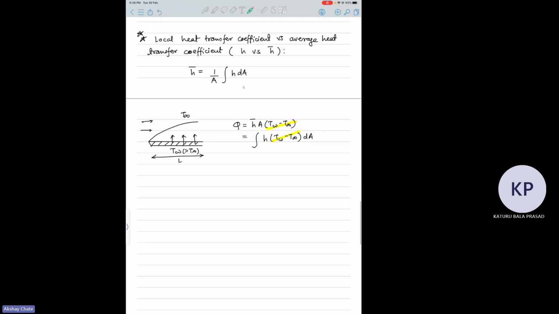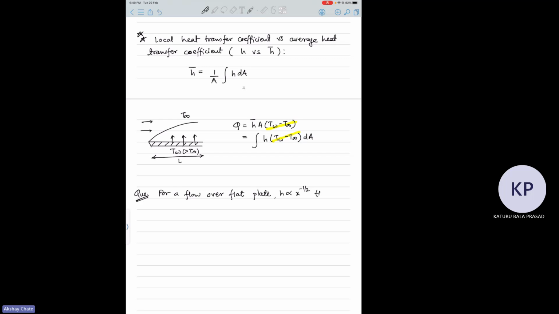Okay, so a very famous question from this: so far we have not talked about scaling, etc., but a very famous question is like this. For flow over a flat plate, h is proportional to x to the power minus 1 by 2, where x is the distance from your starting point, the leading edge.